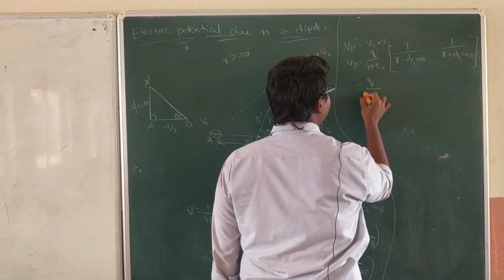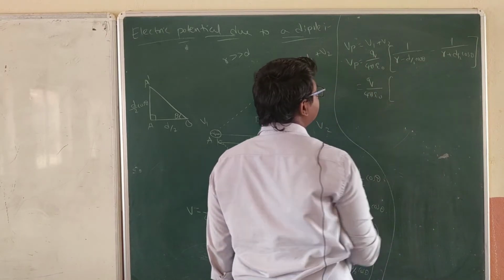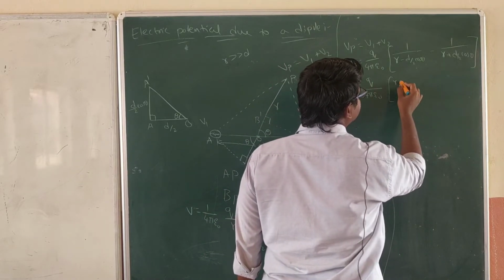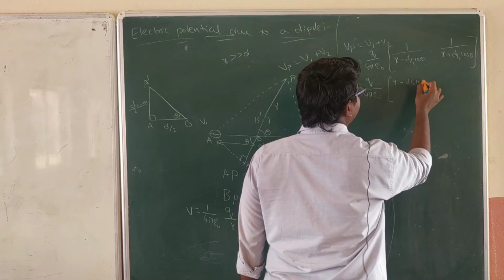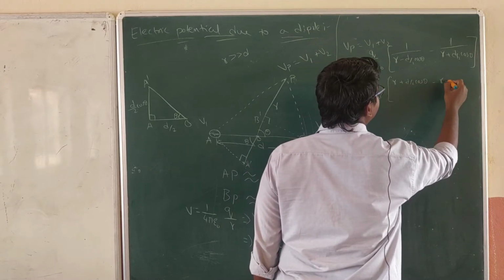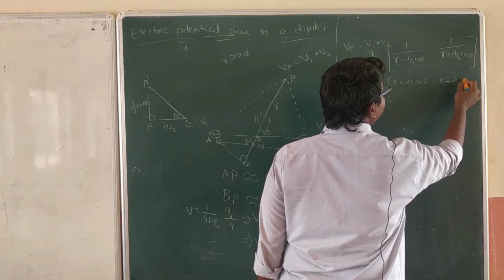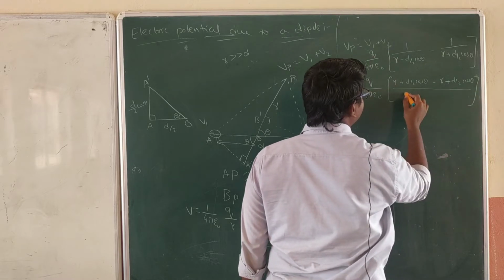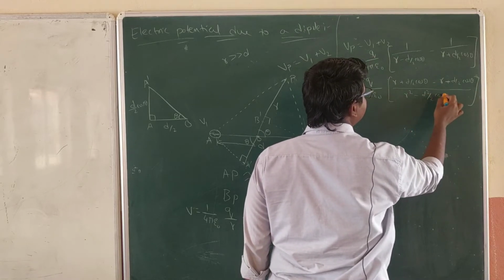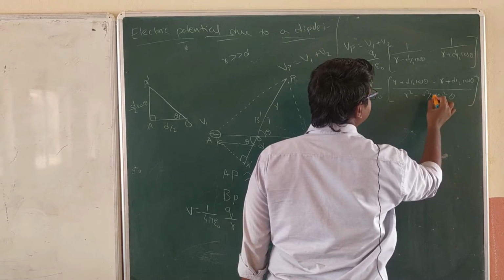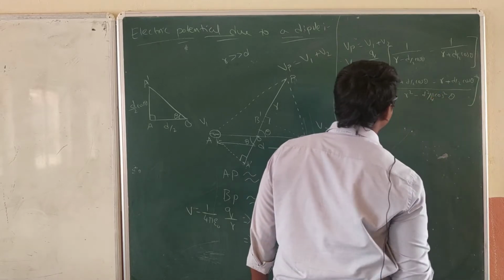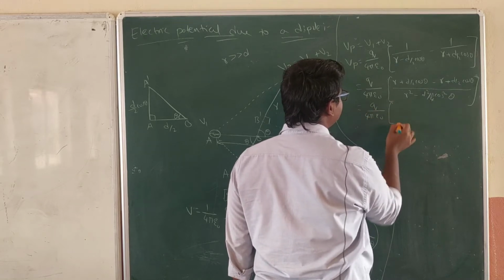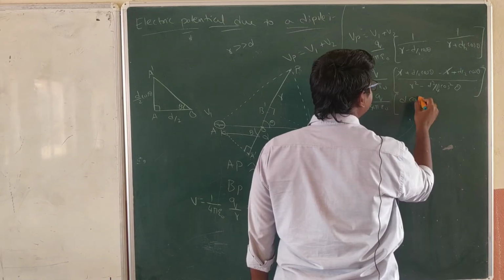After that Q by 4 pi epsilon naught, and if you do cross multiplication, (R plus D by 2 cos theta) minus (R minus D by 2 cos theta), divided by R square minus (D by 2) cos square theta, where 2 square is nothing but 4, D square by 4.